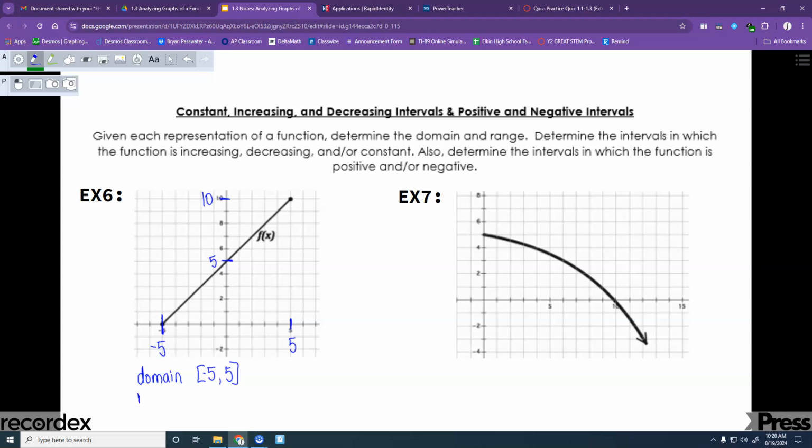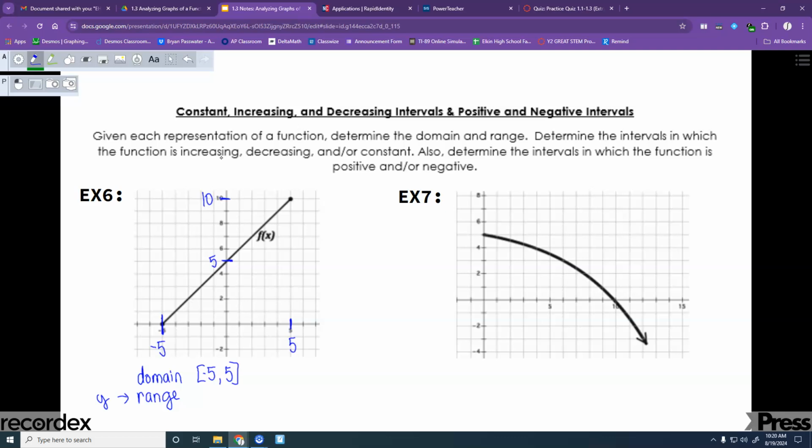Okay? My range. Now, range is the only time you look at your y-axis, right? So range, I'm thinking lowest. What's the lowest I've got? Is it 5? It is 0 because you're looking at the y-axis.